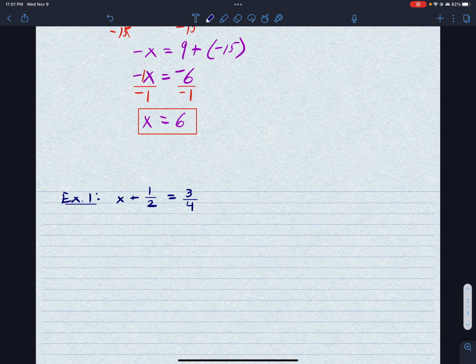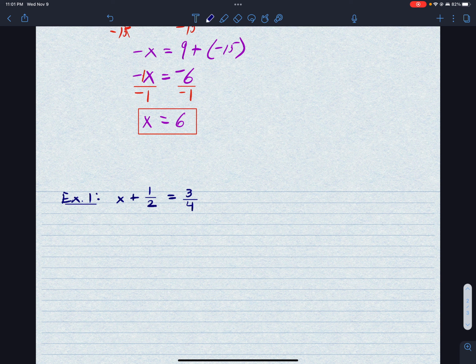I would hope that a good portion of the class, if not everybody, can look at a problem like this and go, oh, I'm pretty sure x has to be blank. Because you've all played around with quarters, you've all played around with money. You know that if you have a half of a dollar, 50 cents, and you add one more quarter to it, you're going to have 3/4 of a dollar, 75 cents. So x must be 1/4, right?